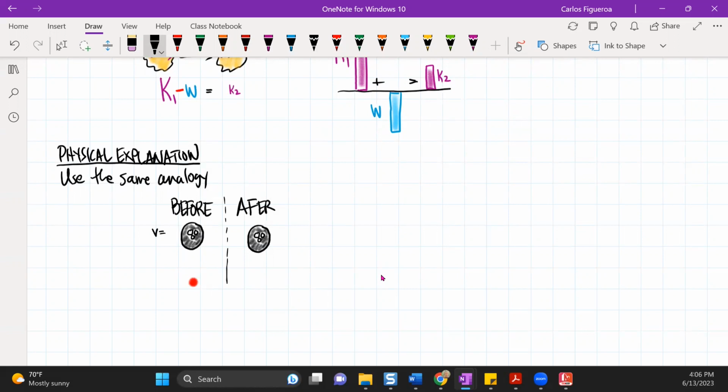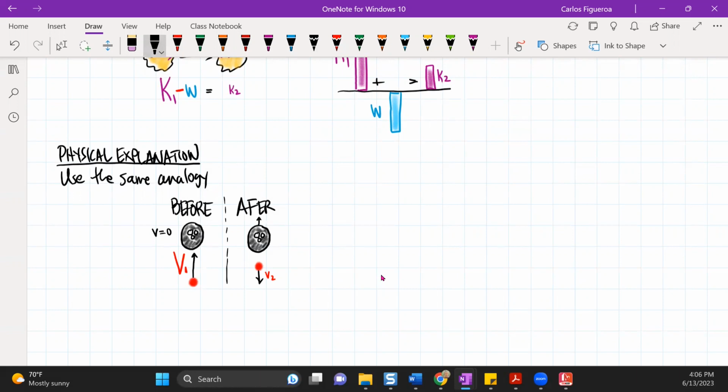This time, I'm going to say that the bowling ball is stationary. So as this guy comes in, I'm going to say that this guy has a high velocity. Now, after the collision, the bowling ball moves forward and the golf ball moves in the opposite direction, but at a slower speed. That's conservation of momentum right there.